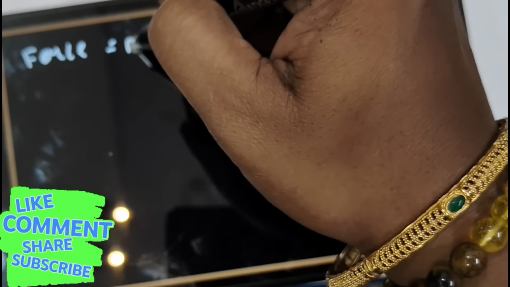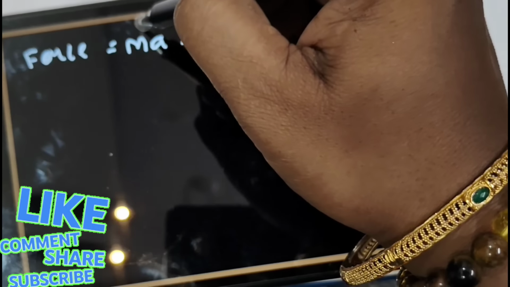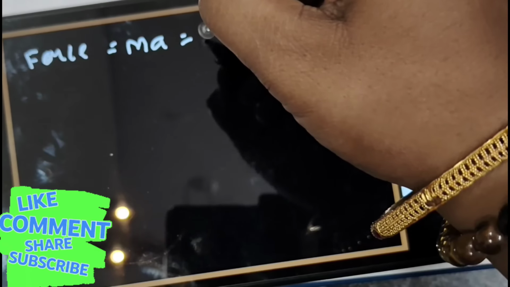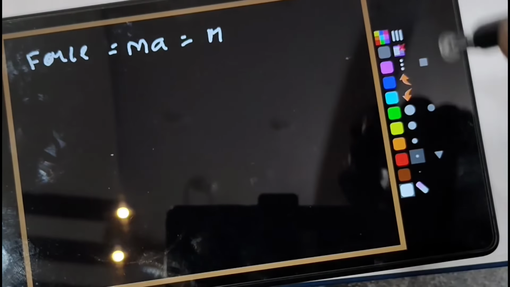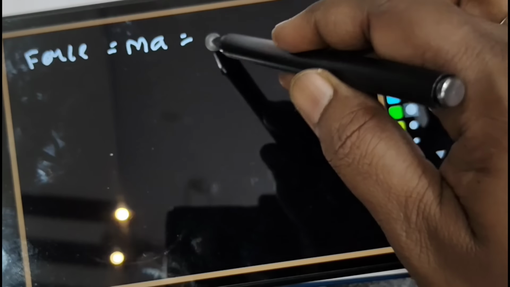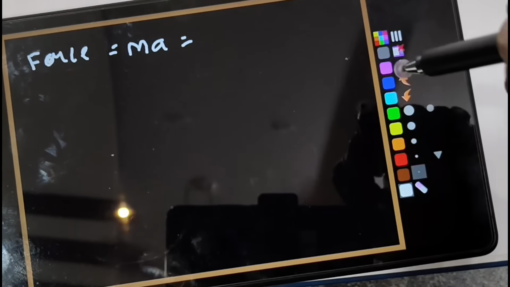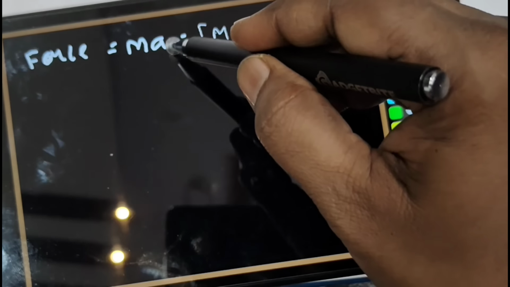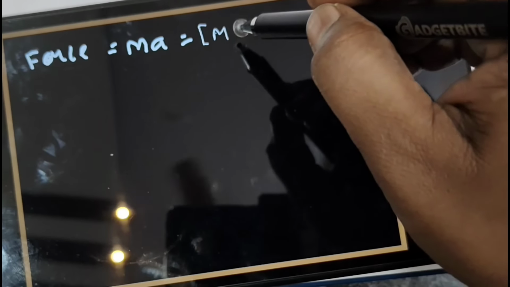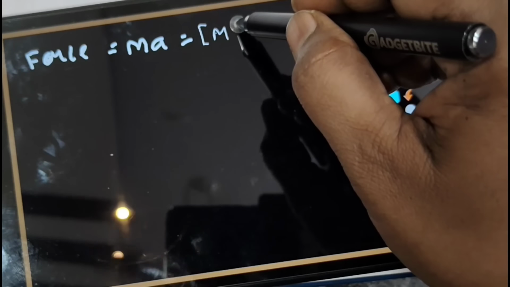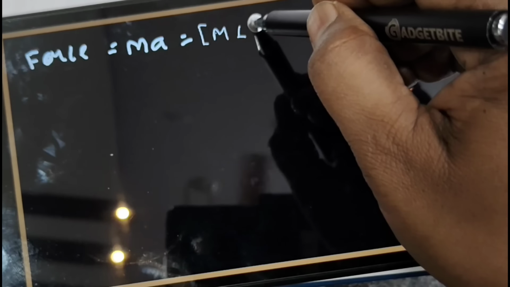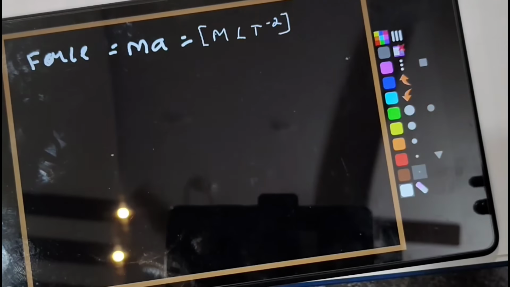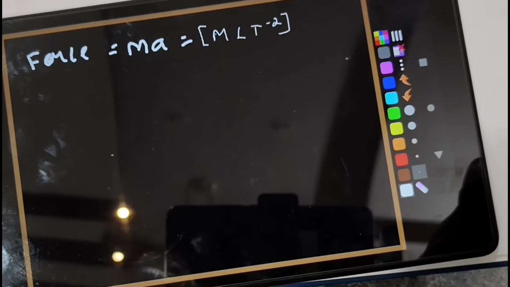The force formula is m into a, where m is mass and a is acceleration. So for m, we write capital M, and acceleration is meter per second squared. Meter is length and second squared is T raised to minus 2. Like this we are going to write the force.